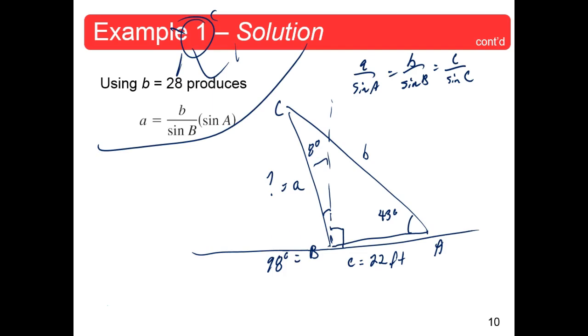So you add angle A to angle B. That's equal to 43 degrees plus 98 degrees. And what does that add to? Then subtract that from 180. You see? And that would be 39 degrees. So angle C is 39 degrees.